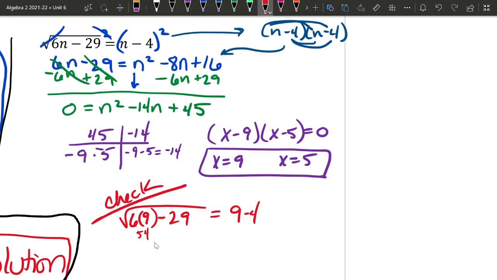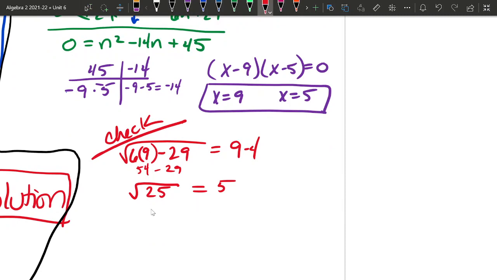Yeah, that's 25. So I'm at the square root of 25 equals 9 minus 4, that's 5. Yes, square root of 25 is 5. 5 equals 5. So n equals 9 works. That is a solution.